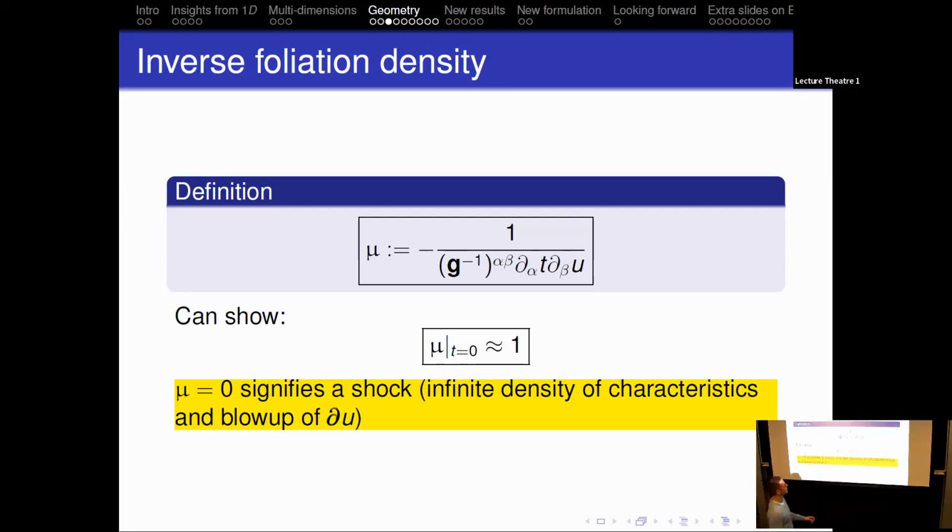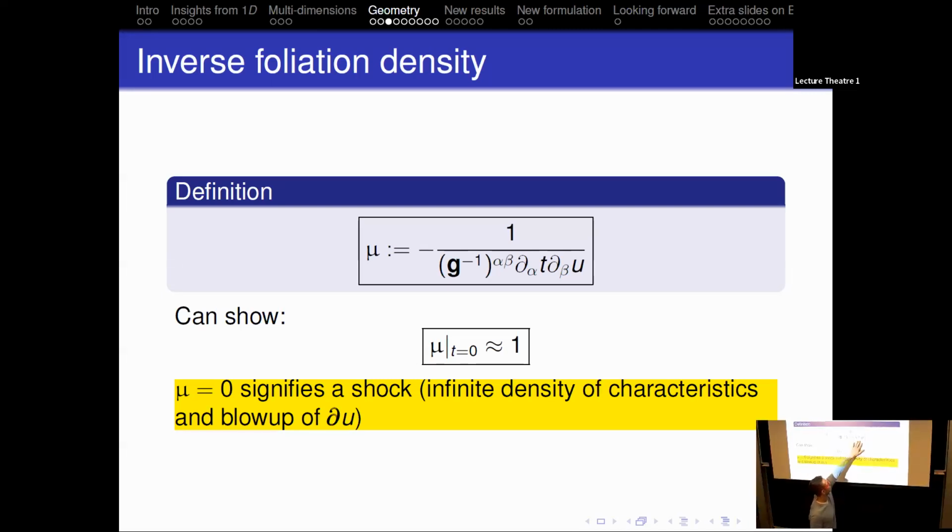And the claim is that mu geometrically can be thought of as the inverse of the foliation density of the characteristics. So put differently, if the characteristics pile up, in other words, if you think of U as a function of the Cartesian coordinates and the level sets of U pile up, that's essentially the same as the gradient of U, the Cartesian gradient of U blowing up.